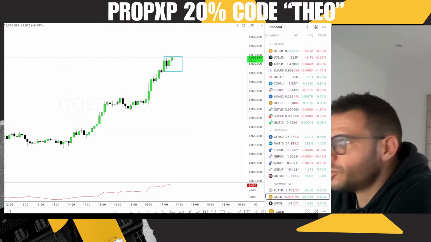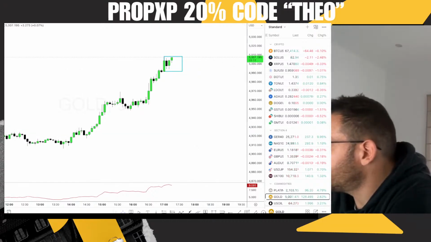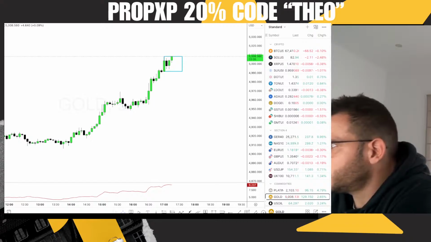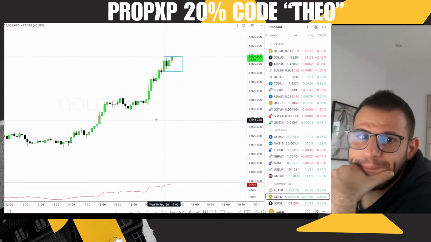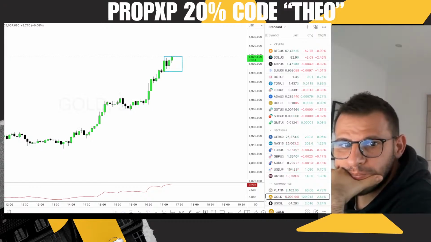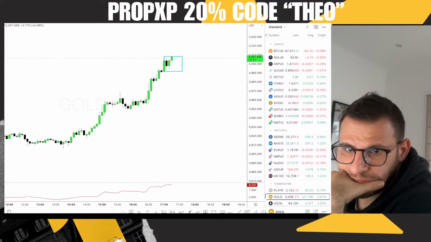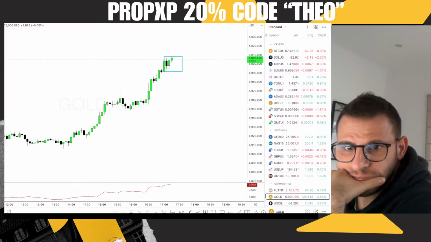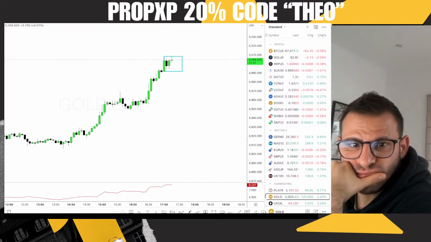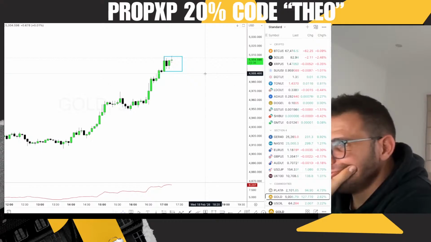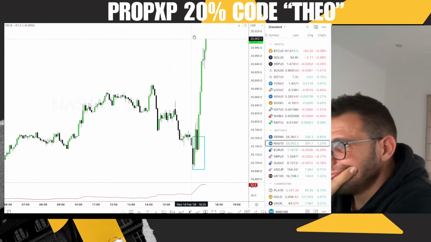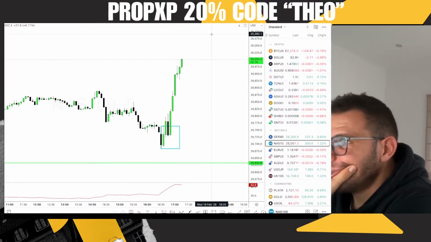Nine pips on the 5-minute chart range on gold today. Gold. Nasdaq keep pushing up.